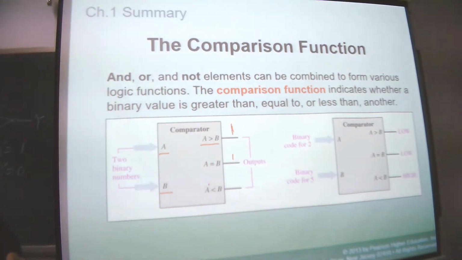If A equals B, then this output is 1. If A is less than B, then this output is 1. So this kind of comparator has 2 inputs and 3 outputs.